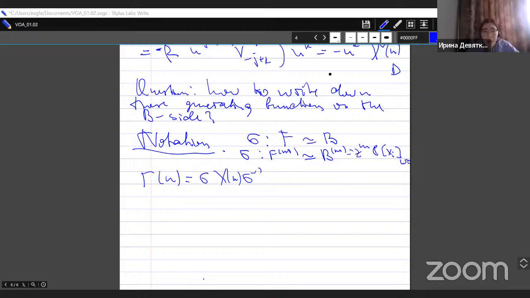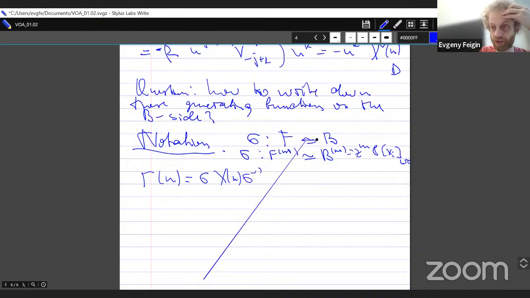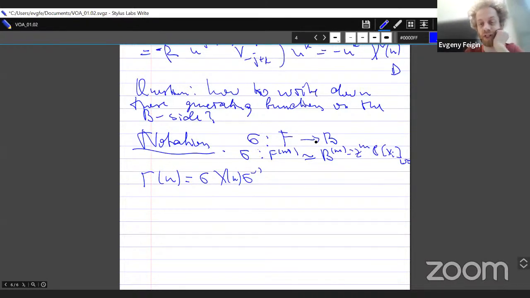So this generating function gamma of u is now the series with coefficients being operators on B. Okay. I have a question. Why did we apply sigma minus 1 to the generating function, but not to v_i and v_i star themselves? So you see, this sigma is an operator from F to B. Okay. Yes. So in particular, what is this gamma of u? So gamma of u is a series in u, and this series consists of operators acting on B. So do you agree?